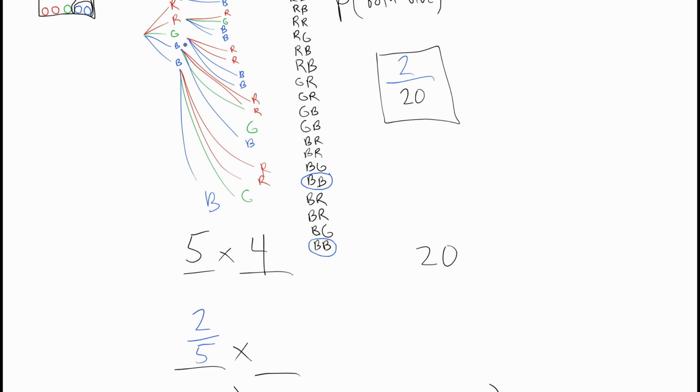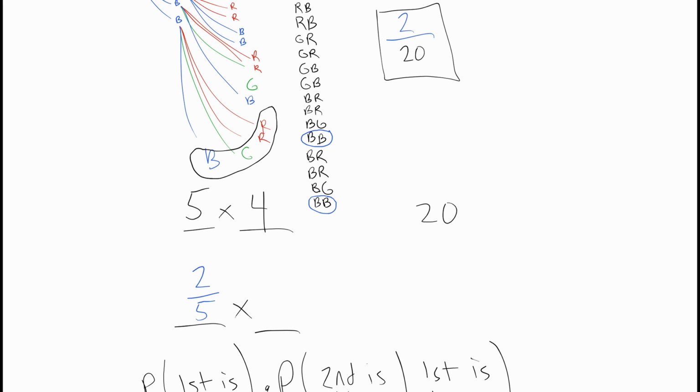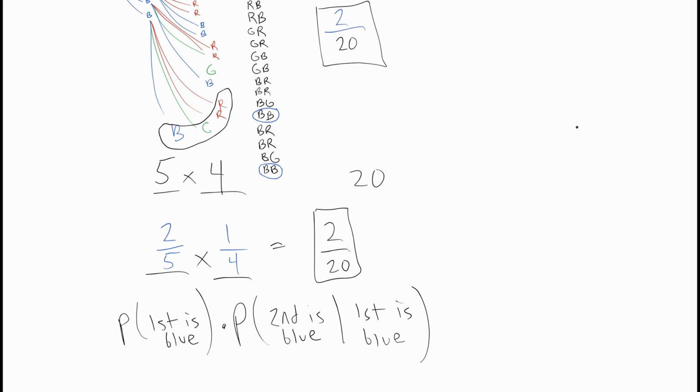But assuming that blue is picked, then your choices now have been reduced to only 4, and you've only got now 1 way to pick that blue marble. There's only 1 left, 1 out of 4. We would multiply those probabilities. So that's how we get the 2 out of 20 with a formula rather than counting.